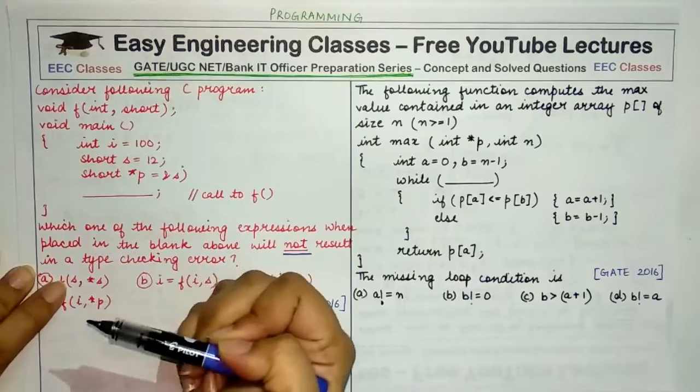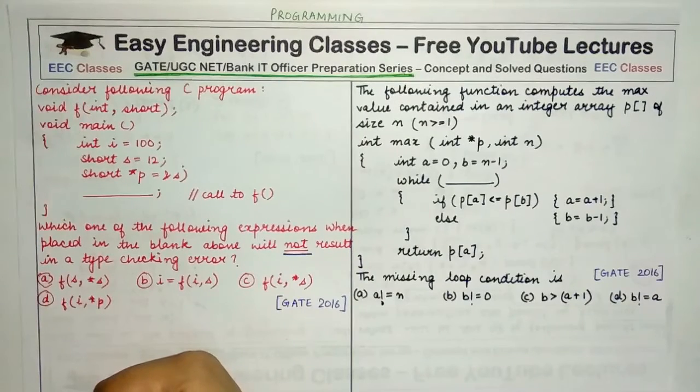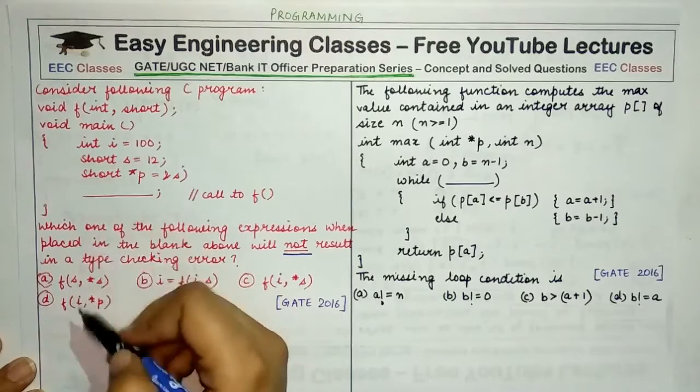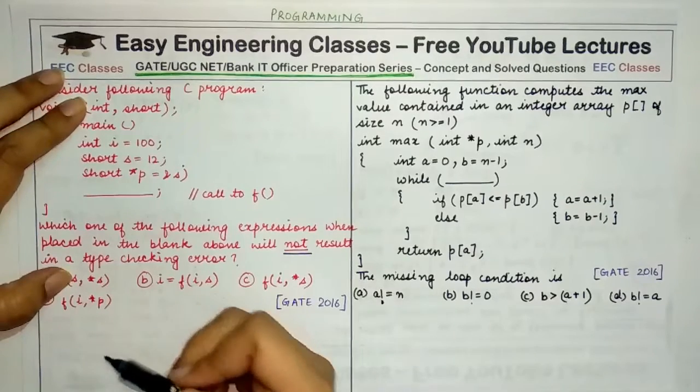If we pass a short to an integer parameter, it will be acceptable if automatic type conversion is done by the compiler, because an integer is a larger data type than a short. So the first parameter would be acceptable.